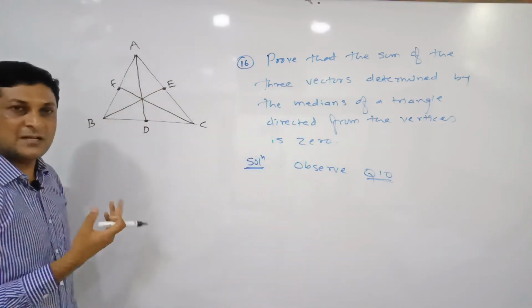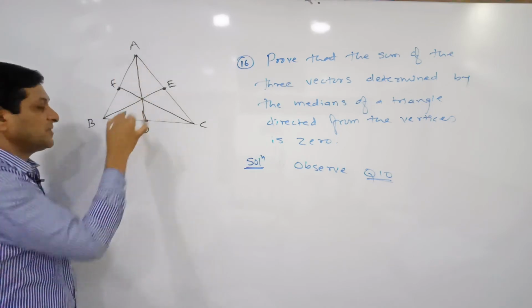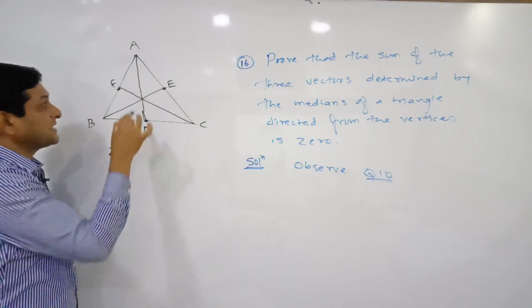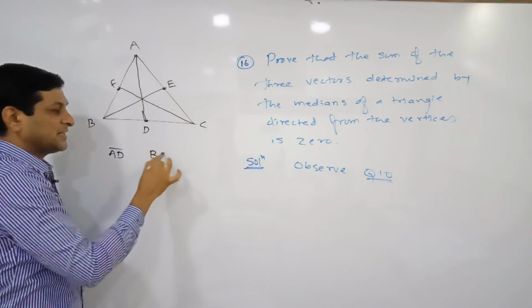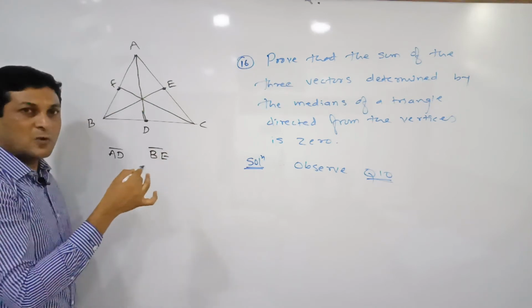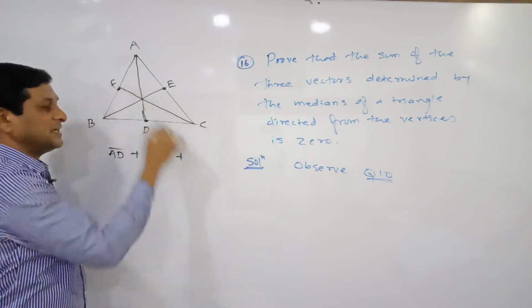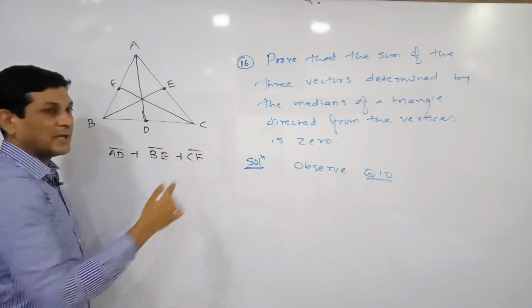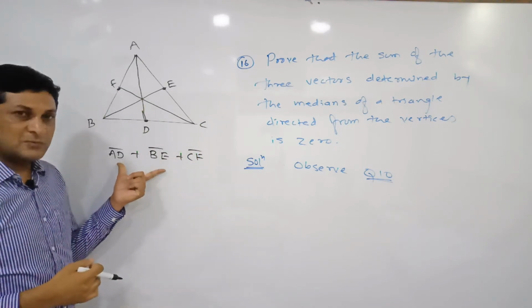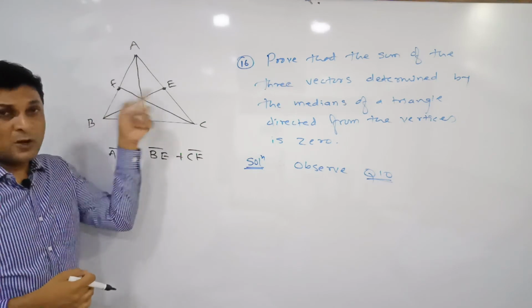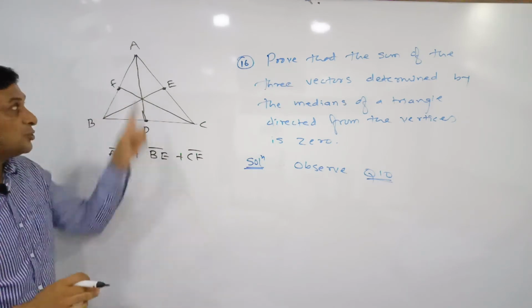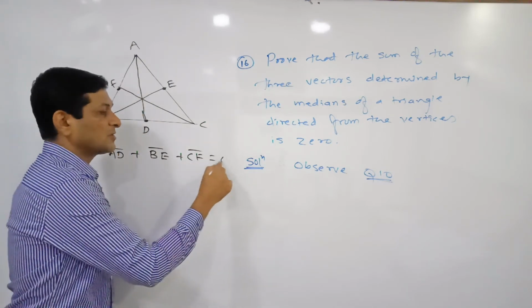These are the three medians, and the question is to prove that the sum of the three vectors determined by the medians is zero. The vectors determined by the medians are: first vector AD bar, second vector BE bar, third vector CF bar. We have to prove that the addition of these three vectors along the medians of a triangle through the vertices is equal to 0.